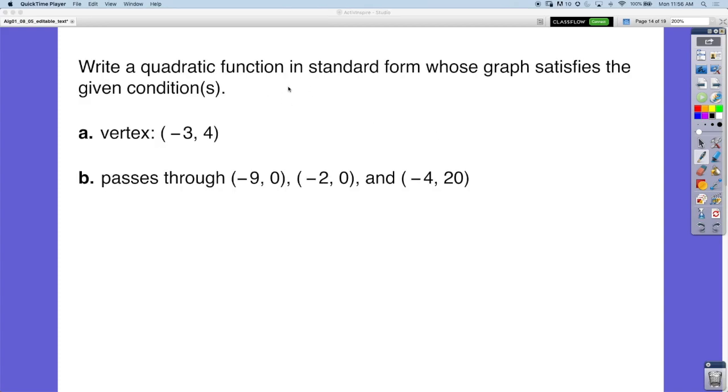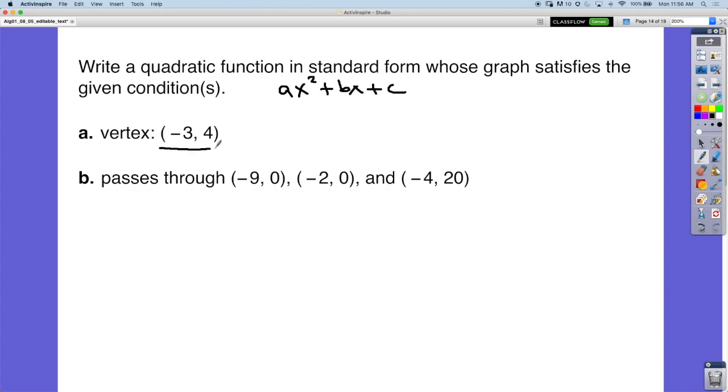Okay, so we have to write a function in standard form, which is ax squared plus bx plus c, and I am only given the vertex. Since I am only given the vertex, of the 3 choices of the different forms that you know, which one should you use? Vertex form.